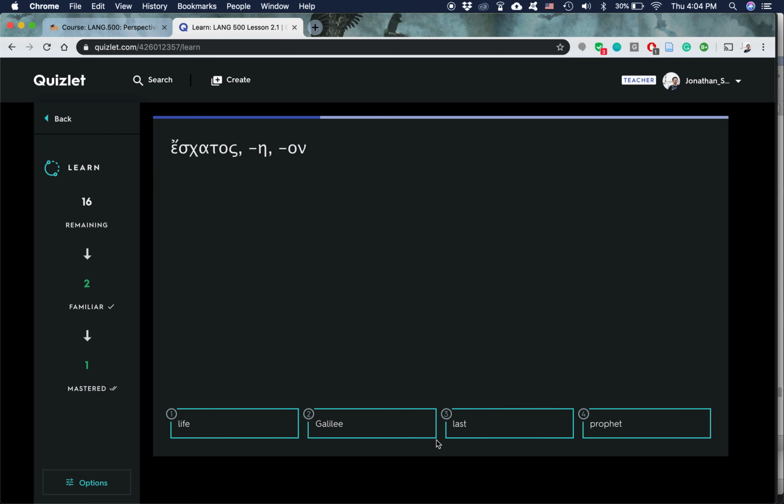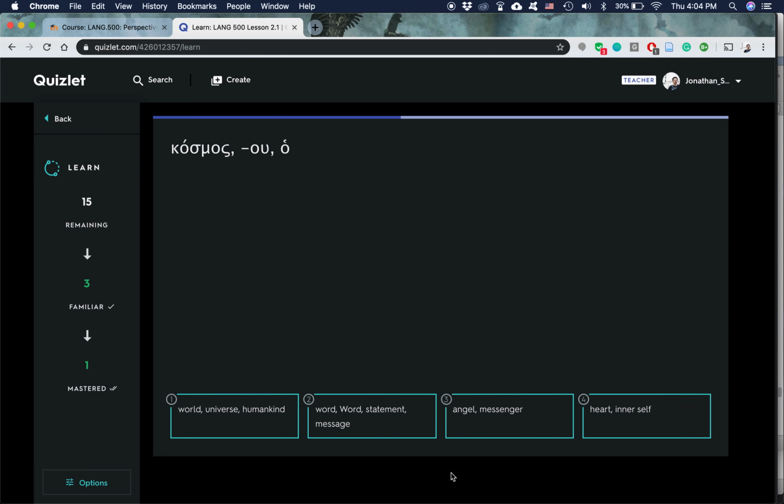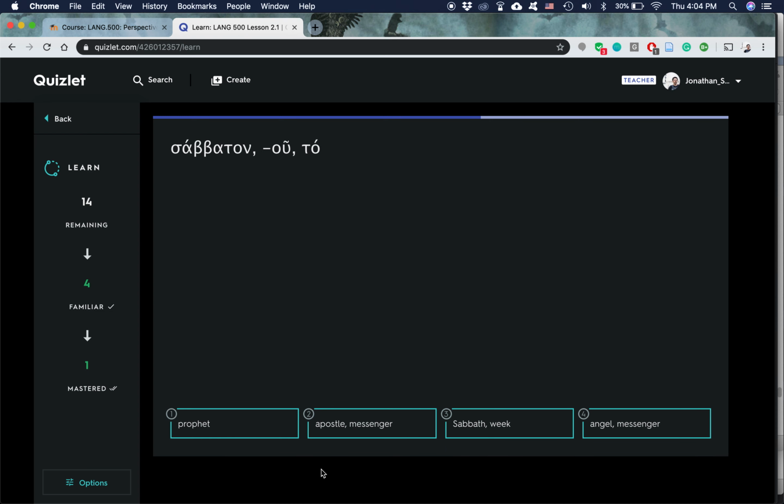And then it'll put it back in succession relatively quickly after you miss it. And so I'll just try to go on and see if it'll actually do that for me. But just what I would do is go ahead and go through all of these, and there it is again. Apostolos is an apostle or messenger.